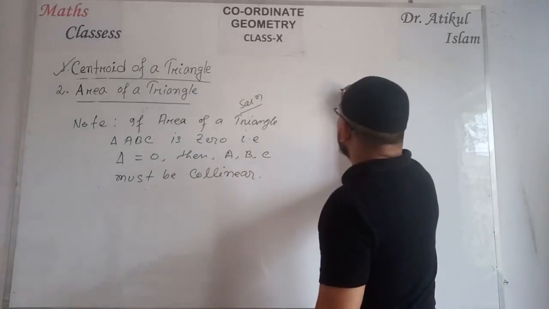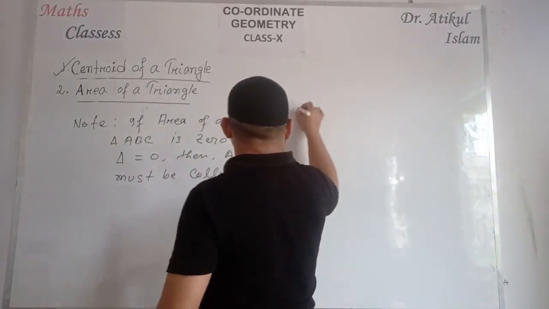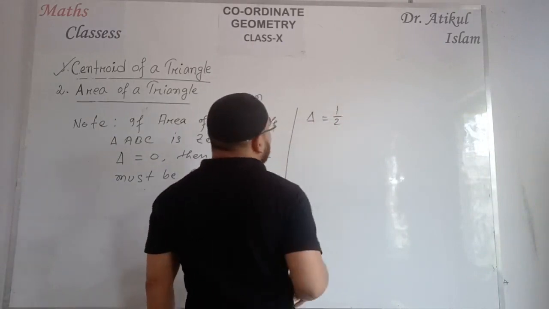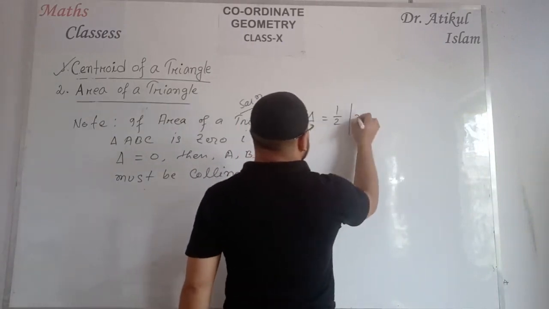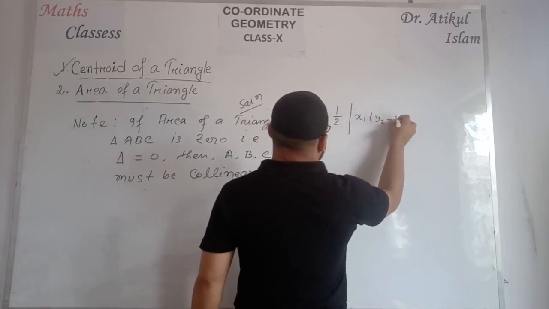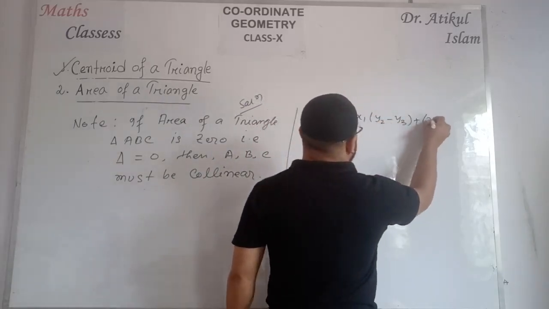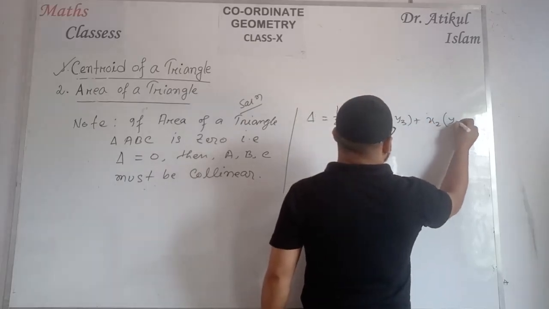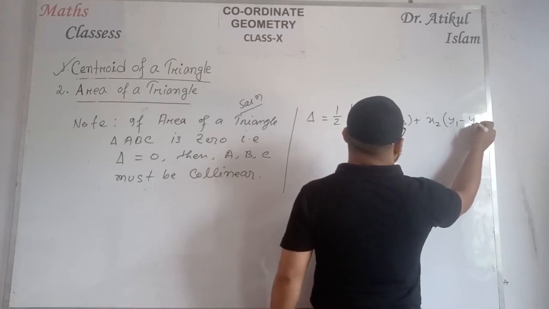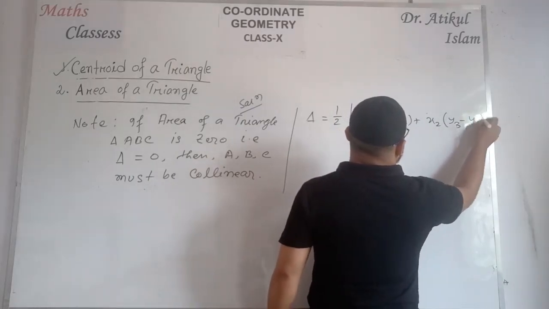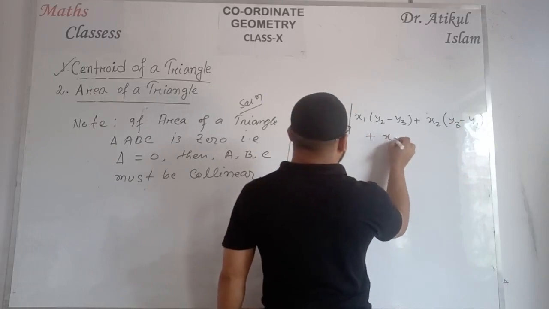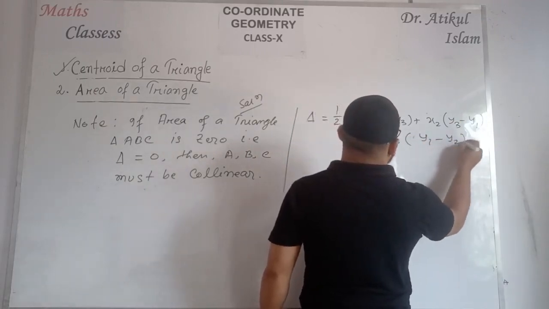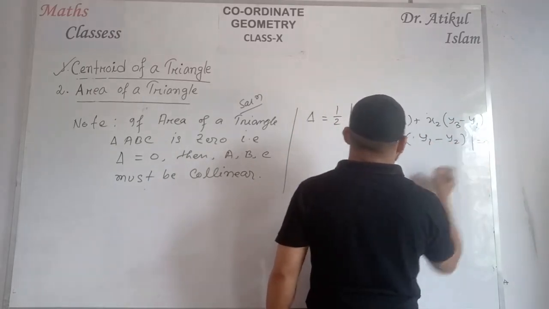So that means, here you can write that since area is 0, your formula x1 (y2 minus y3) plus x2 (y3 minus y1) plus x3 (y1 minus y2) should be equal to 0.